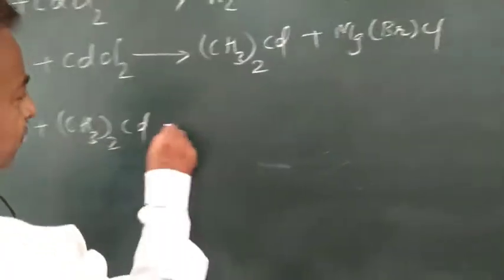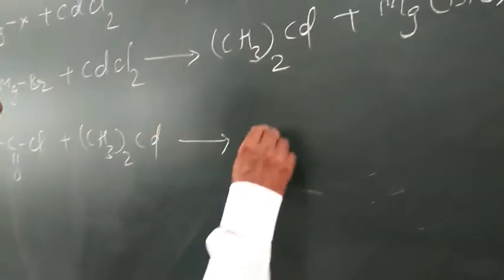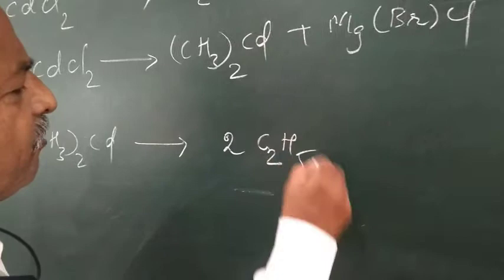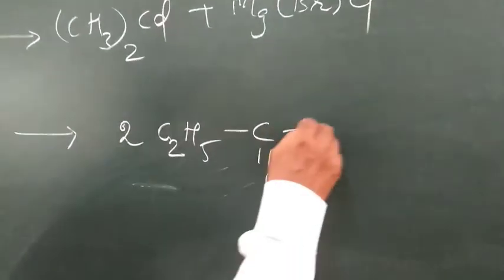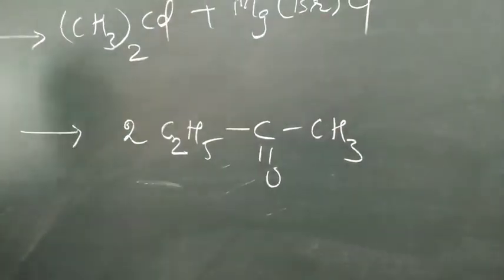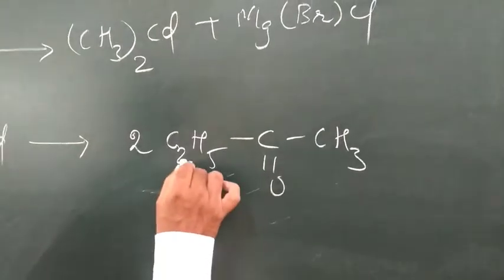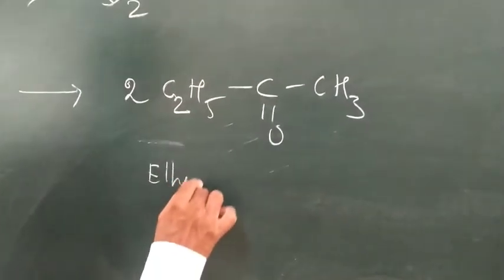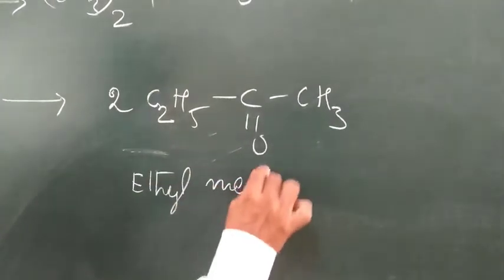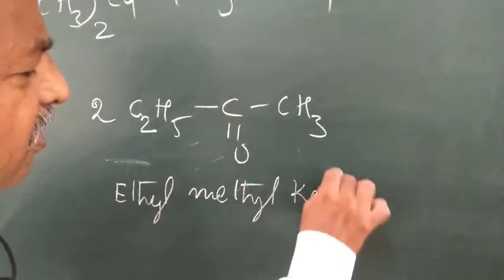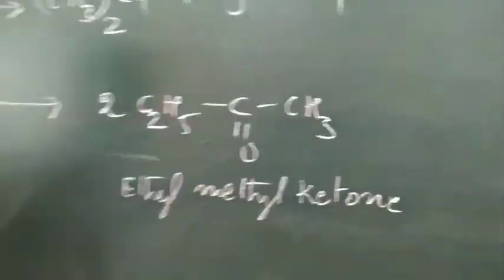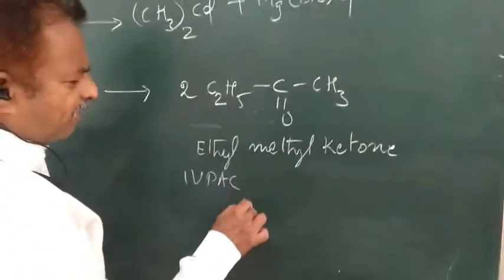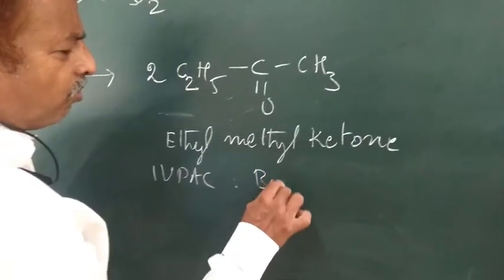So we get here C2H5C double bond OCH3. This is ethyl methyl ketone. Our IUPAC name is butanone.